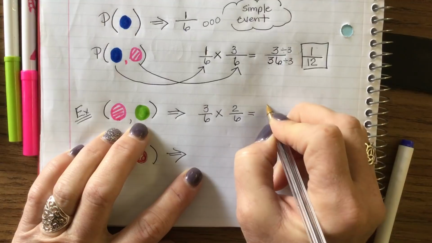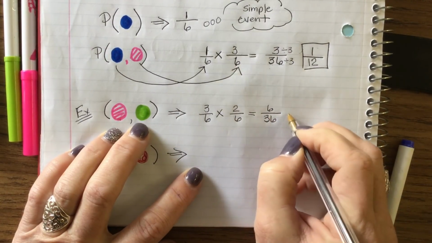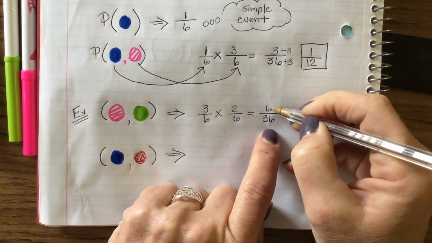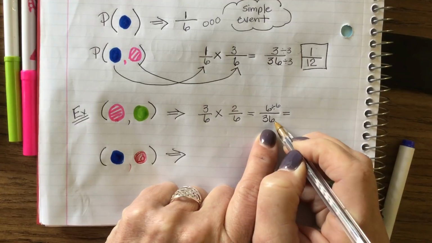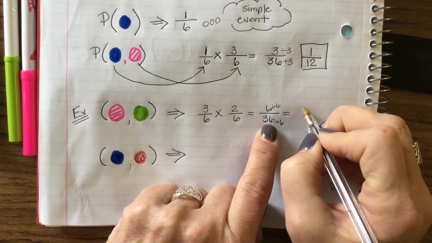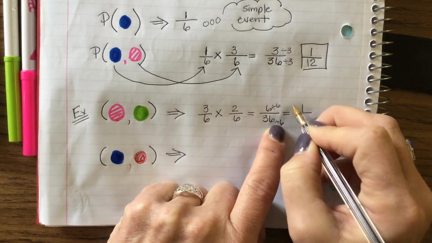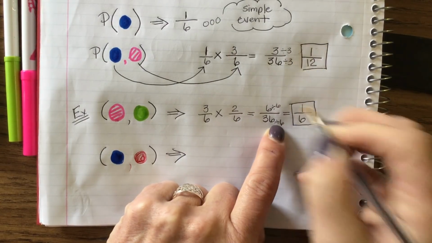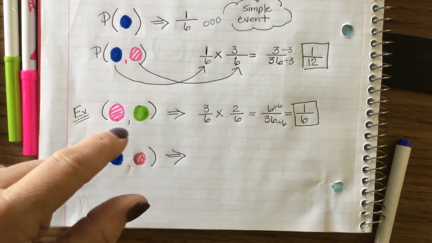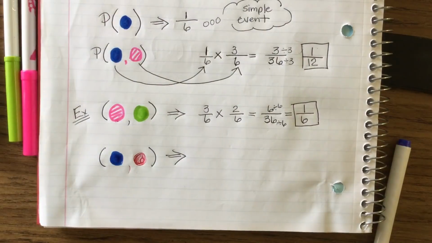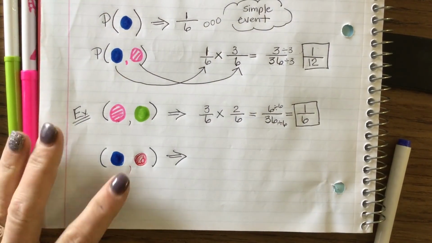So 3 times 2 is 6. 6 times 6 is 36. And I know that the numerator and the denominator are divisible by 6. That is a common factor. 6 divided by 6 is 1. 36 divided by 6 is 6. Okay, so the probability is 1 time out of every 6 times that I try and pull out a pink striped one, then pull out a green one. But remember, we're always putting back the first marble. Put that back in the bag.